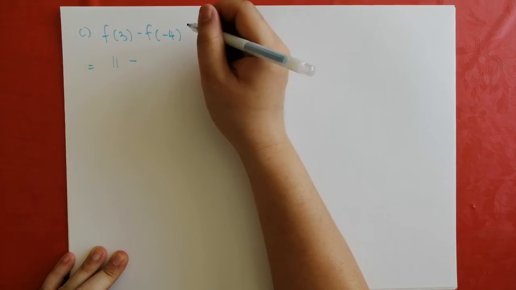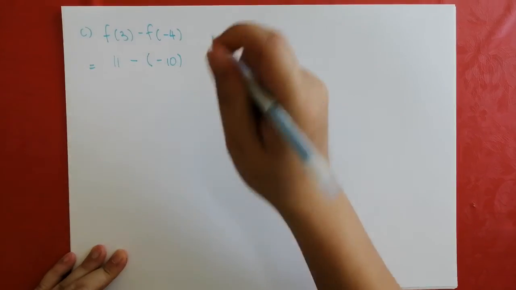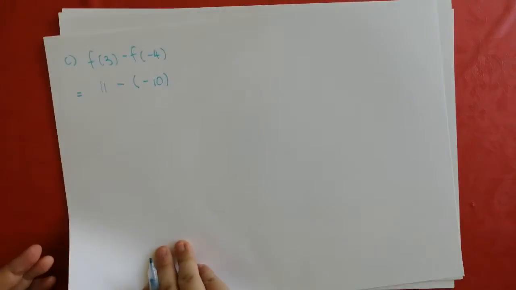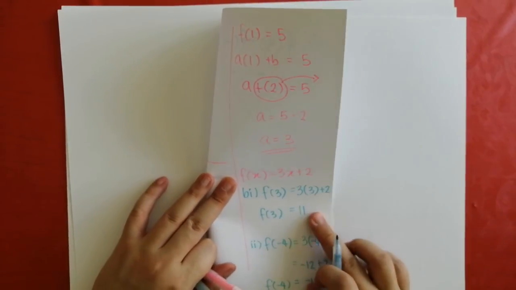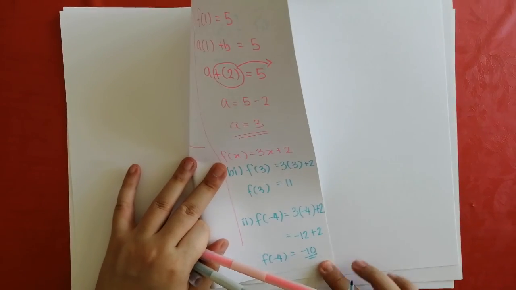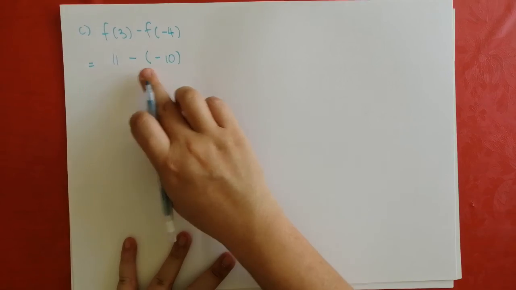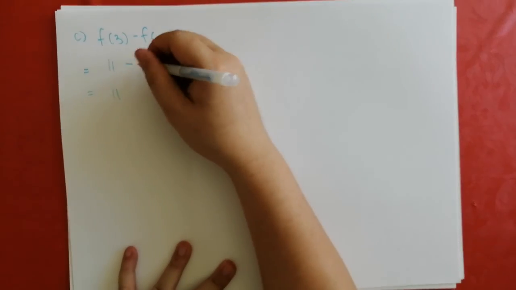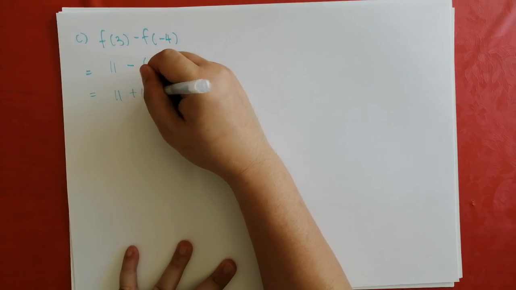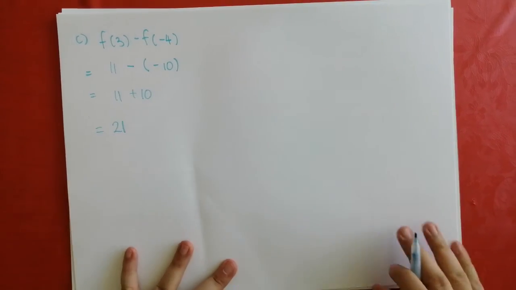Minus f(-4), which is negative 10. So we get the values from the previous part. f(3) is 11, f(-4) is negative 10. So we just need to substitute that in, then simplify. So we have 11 minus negative 10, minus times minus gives you plus. So 11 plus 10, the answer should be 21.